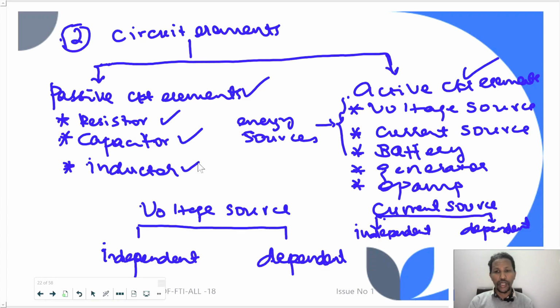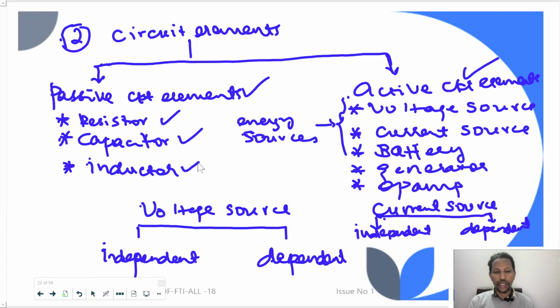Either they store energy or dissipate energy. For capacitor and inductor, they store energy in their field. For capacitor, it is the electric field, and for inductor, it's the magnetic field.